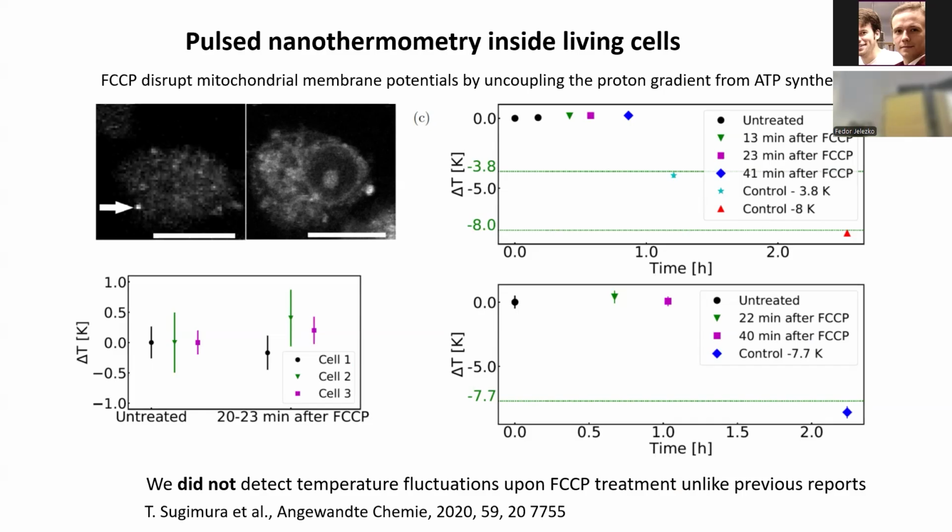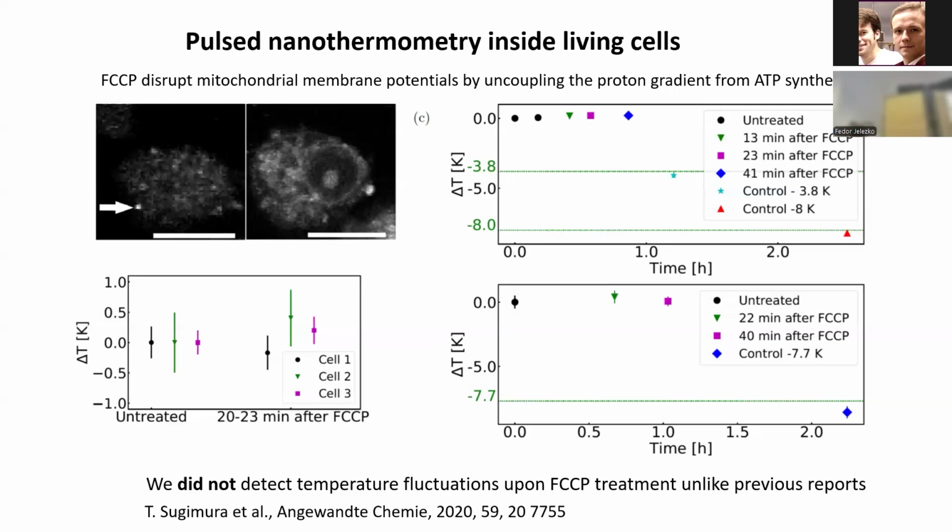We have chosen nanodiamonds that are close to mitochondria. We have conducted some control measurements, so just continuous measurement of temperature gives the same results. There's no fluctuation coming from just observation, and then we dropped the temperature of the stage by 4 degrees, and our measurements showed the same. So this is just a control.